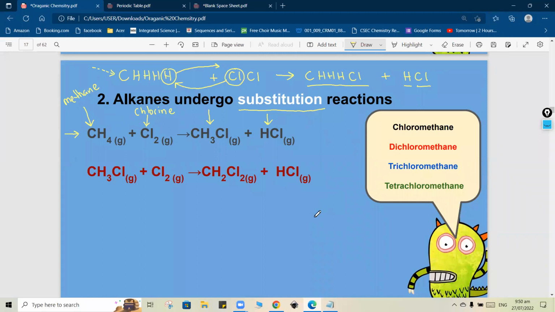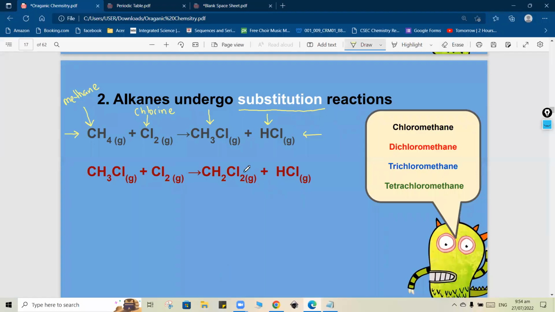So if you want a kind of definition of what substitution is, when something gets replaced, there's a replacement going on. Now, I know some of you are trying to grasp the concept, but I have plenty more examples. So just for the time being, just take down the first line for me, right? And I'm going to slowly do another one for you all.